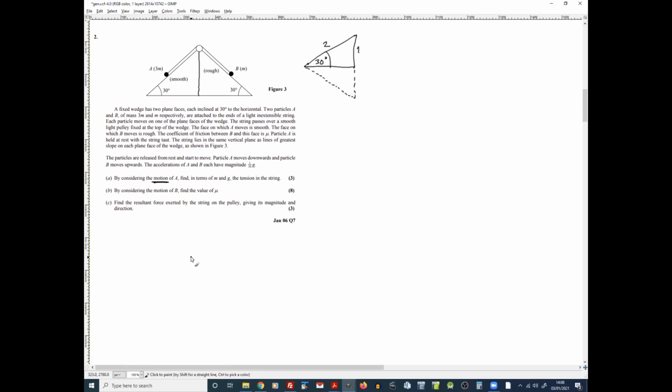Find in terms of mass, and it says the motion of A, not B. So what else are we told? Oh, we're told the accelerations.